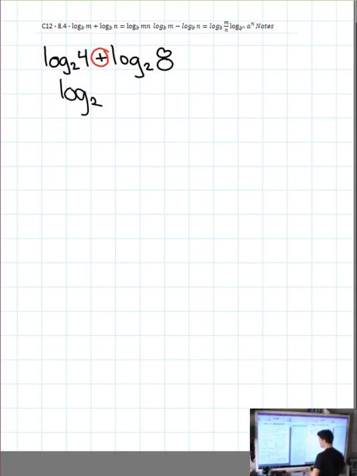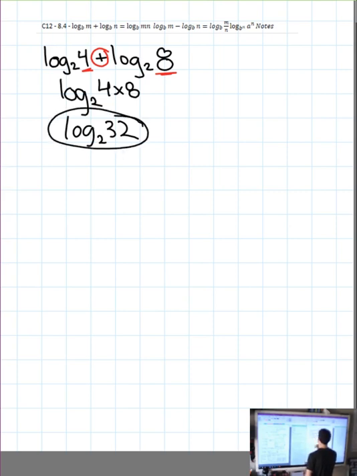I have to have the same base to use the rules. And I'm simply going to take 4 and multiply it with 8. 4 times 8, which means I have log base 2 of 32. Now for the purpose of this, we were just trying to see that rule. I know the answer to this is 5, but all we were doing was turning it into a single logarithm.